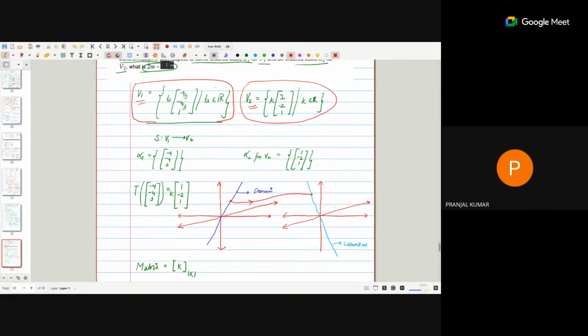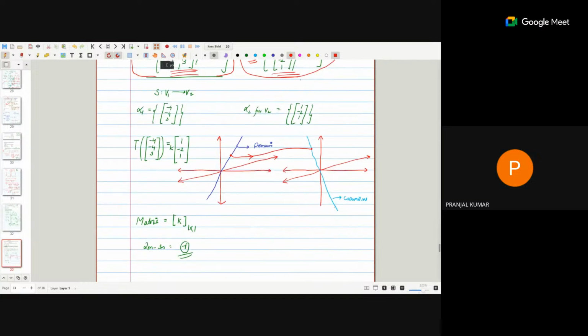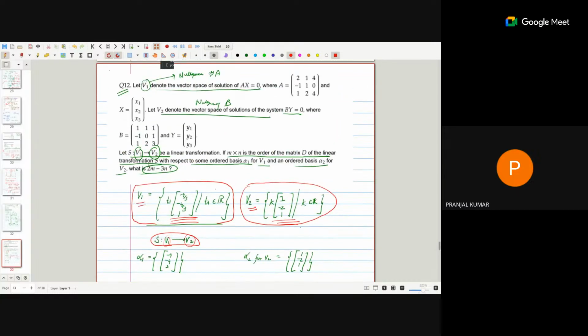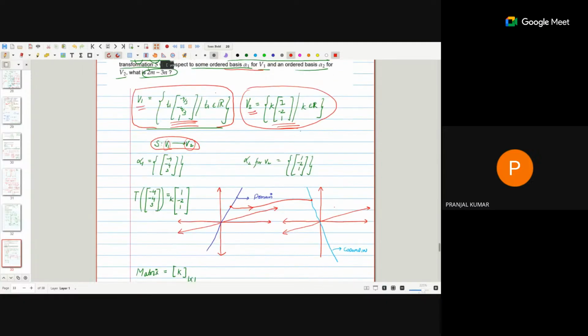Now you can see that V1 is a one-dimensional null space. V2 is also a one-dimensional null space. Now S is a linear transformation from V1 to V2. Alpha 1 is some ordered basis for V1. So what I did, I took alpha 1 as (-4, -4, 3), which is 4 times this vector.